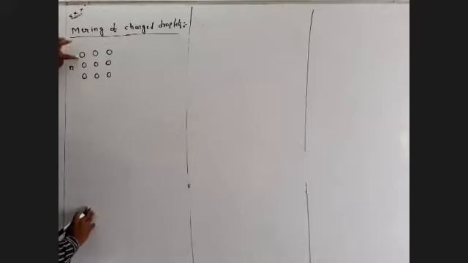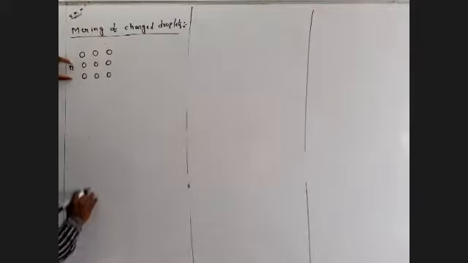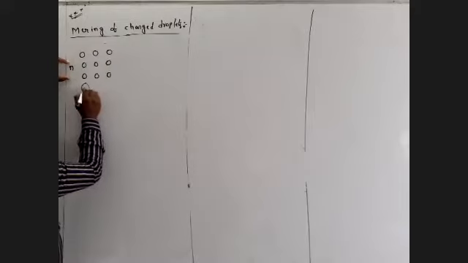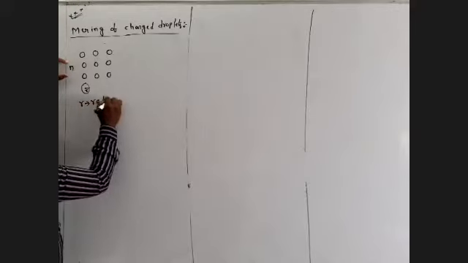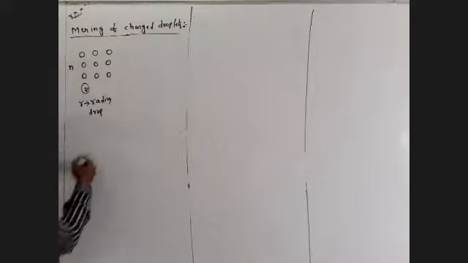What is the radius of this small drop? The radius is small. R is the radius of a drop.